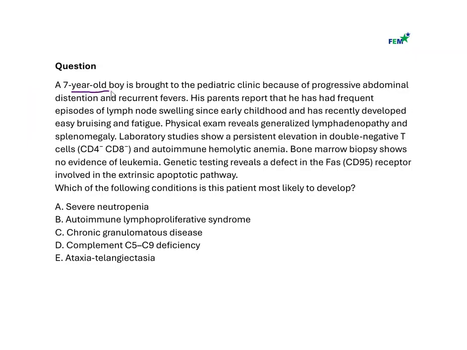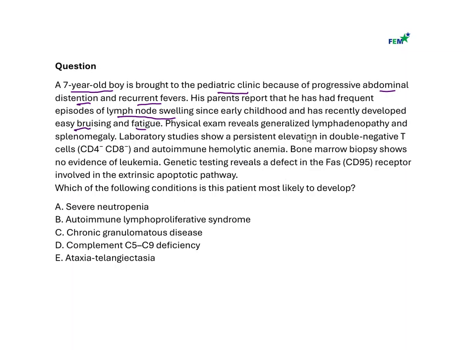So, a 7-year-old boy is brought to the pediatric clinic because of progressive abdominal distension and recurrent fevers. His parents report he has had frequent episodes of lymph node swelling, so lymphadenopathy, since early childhood and recently developed easy bruising and fatigue.